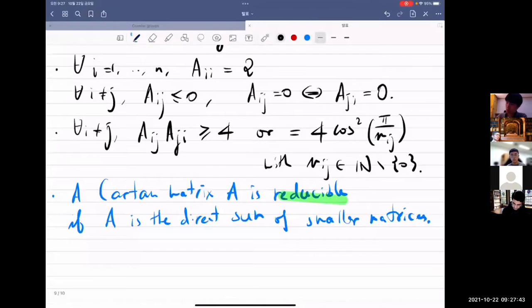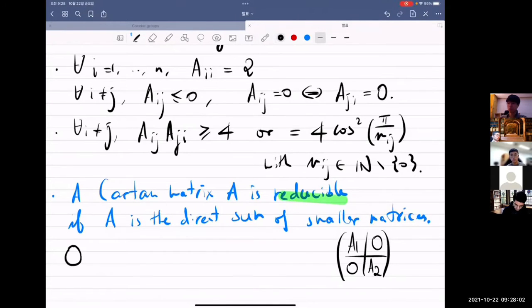So what I mean is that if I arrange the indices properly, then A can be written as something like A1 and A2 and 0, 0, right? Then the matrix is reducible. This kind of makes sense.